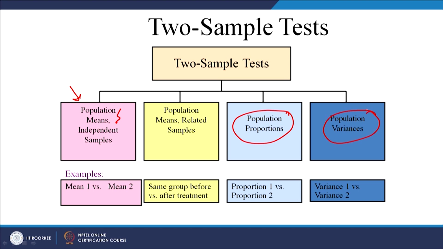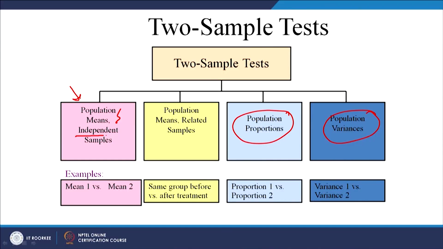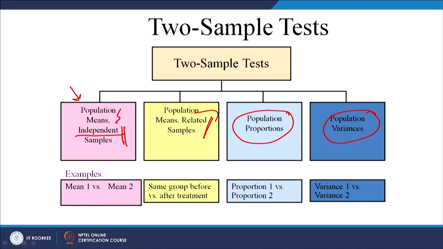Now, when you compare population means, you can have two different scenarios. In the first scenario, you can have just independent samples. So, there are two samples, they would be totally independent of each other, and the other scenario would be they would be dependent on each other. So, they are called related samples or dependent samples.